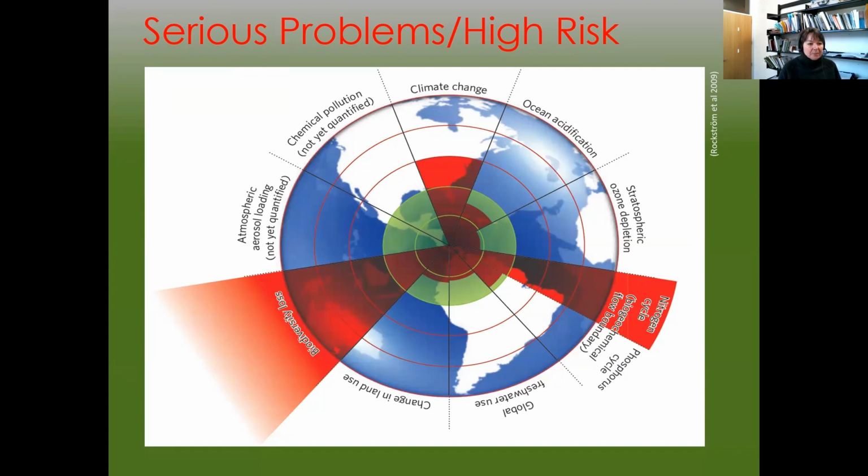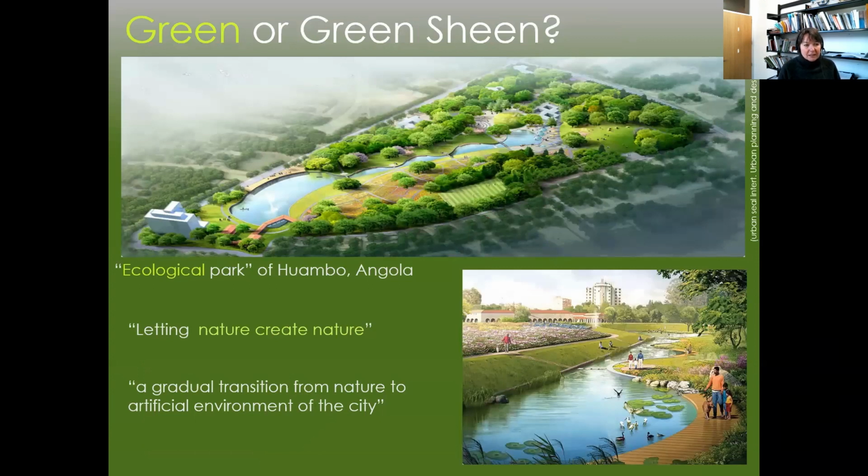So that we can contain some of these huge problems within this green circle you see here, which is kind of like the limits of what we should be doing in addressing these problems.